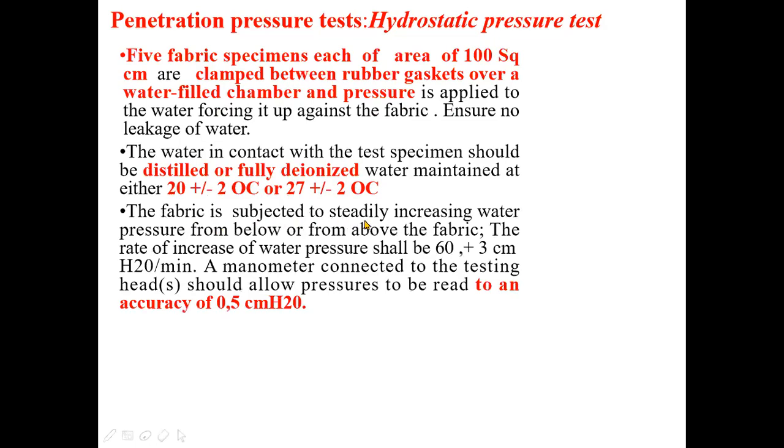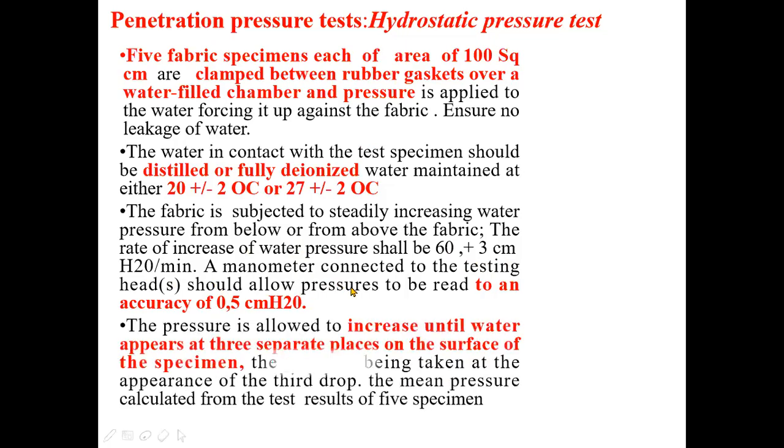The fabric is subjected to steadily increasing water pressure from below or from above. In the last experimental setup, I have shown the water pressure is built up from below the fabric surface. The rate of increase of the water pressure shall be 60 plus minus 3 centimeter water column per minute. The manometer is connected to the testing heads and should allow the pressure to be read to an accuracy of 0.5 centimeter water column.